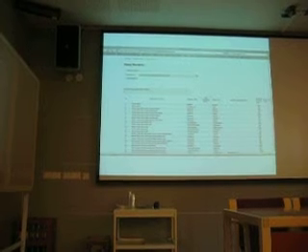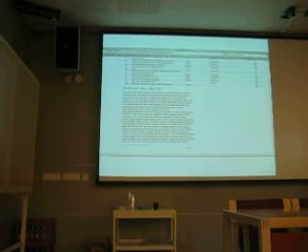So, when the description is made and the values are entered, we get a description like this that can be transformed into a natural language description like this.